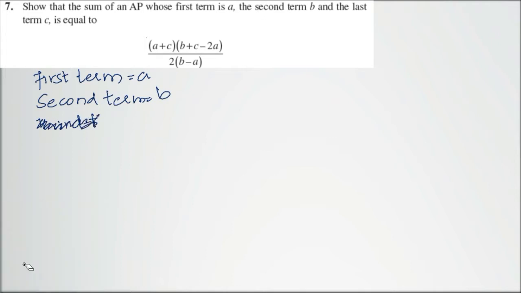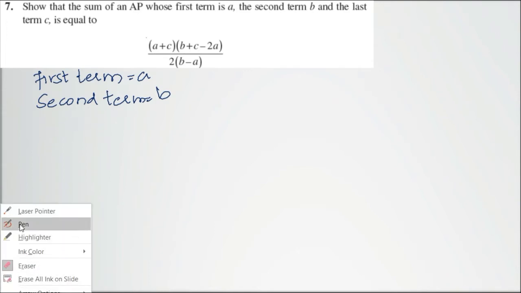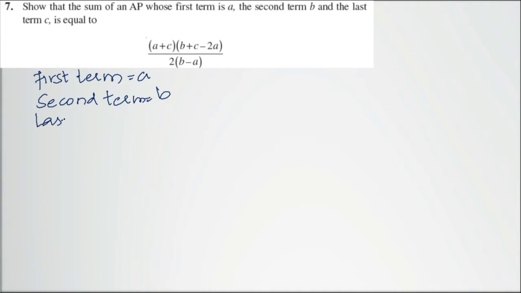Let me wipe it off. Last term is c. With these two I can find the common difference. The common difference is b minus a.